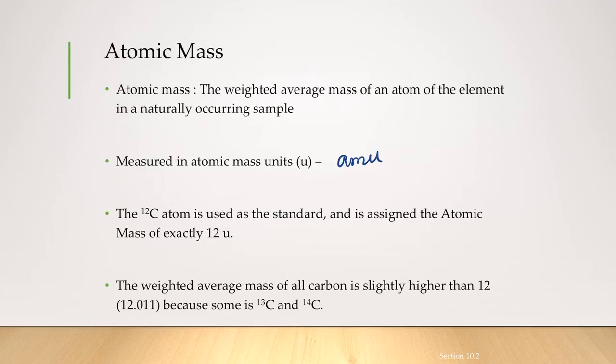Normally, the atomic mass of the different elements is based on carbon. Carbon 12 is used as a standard. Carbon exists in three different isotopic forms: carbon 12, carbon 13, and carbon 14. Therefore, the average mass of all the carbons is going to be slightly higher than 12, which is equivalent to 12.011.